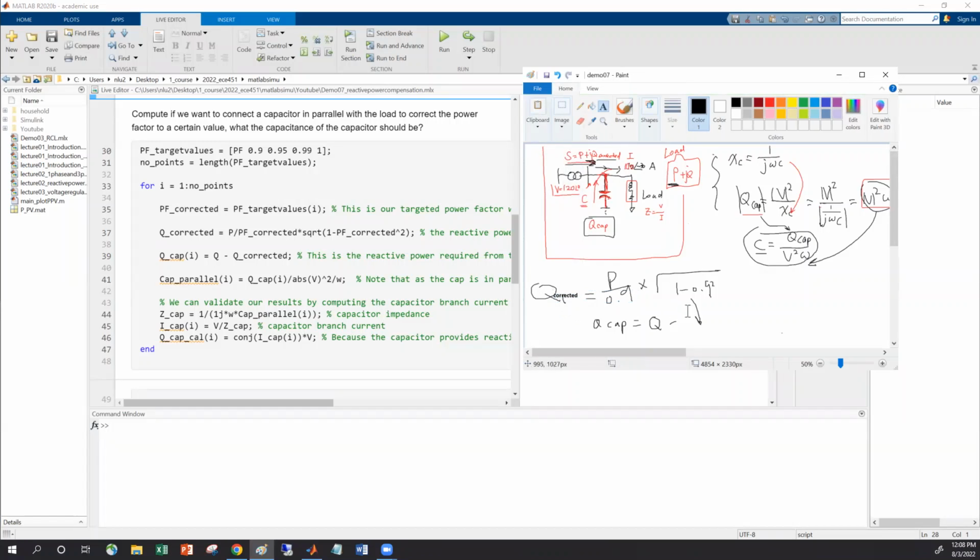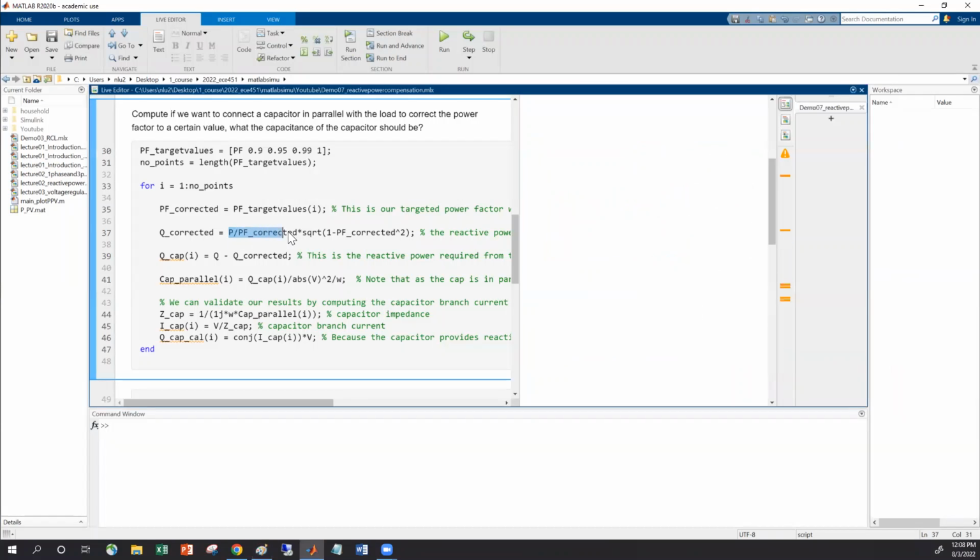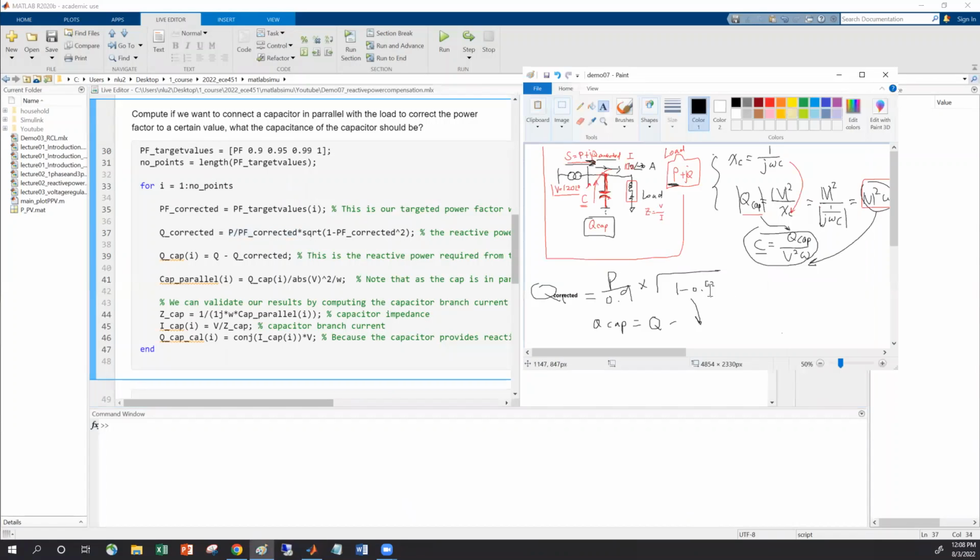So this would be the Q corrected right here. This is exactly what we have done here. We use P divided by this targeted power factor, and then times the square root of 1 minus the corrected power factor, which is 0.9 squared, okay? And then we use the Q, which is the load consumption right here, minus the Q corrected. That should be the reactive power generated by the capacitor.